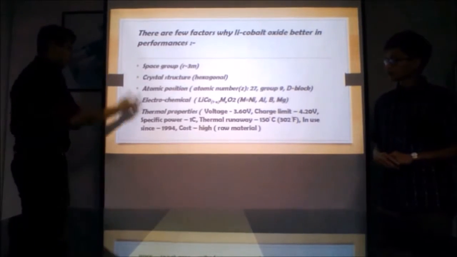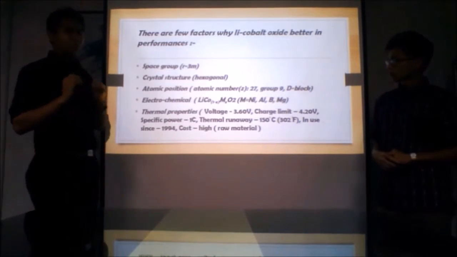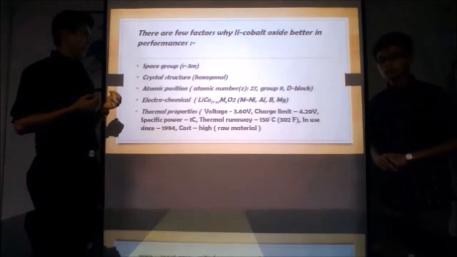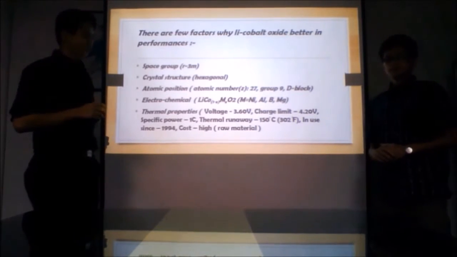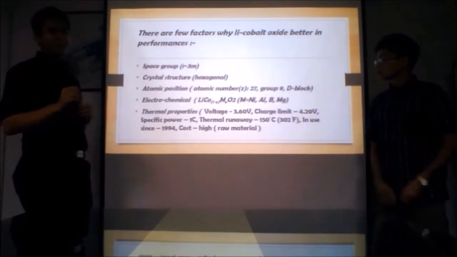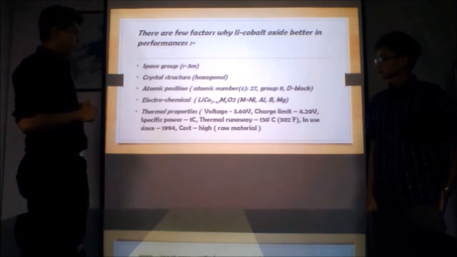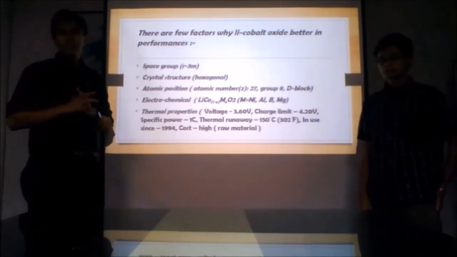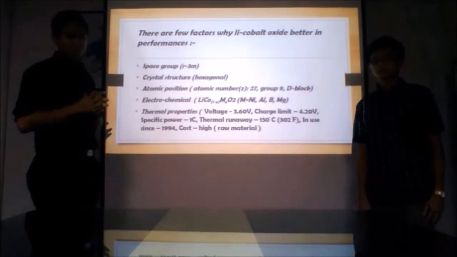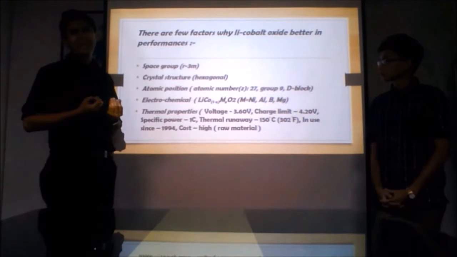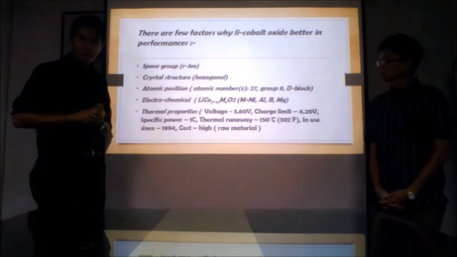Last but not least, the thermal properties: lithium cobalt oxide has a voltage of 3.6 V with a charge limit of 4.2 V and a specific power of 1C. The thermal runaway might reach 150 degrees Celsius, and the cost is also high due to raw material production.